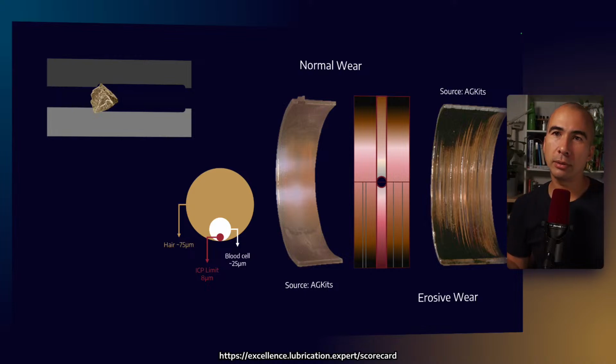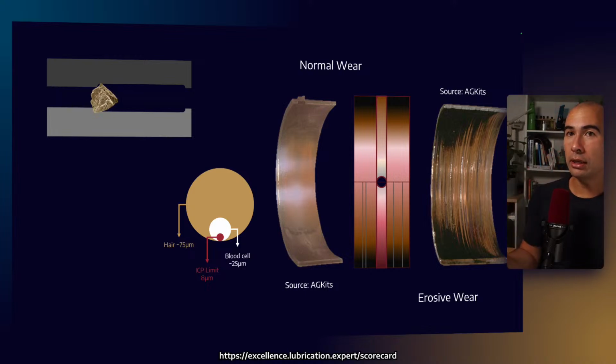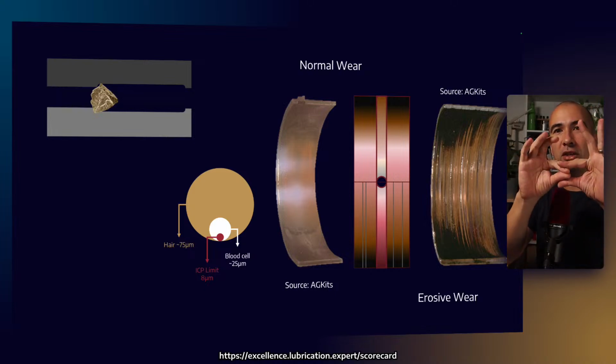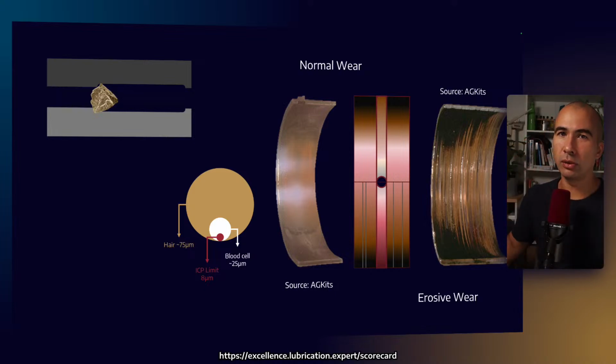Now there's two different types of erosive wear: 2-body and 3-body, either erosive or abrasive wear. That's where you get a contaminant which is either impinging on the surface, in which case it's 2-body, or it gets connected between two surfaces, and that's 3-body wear. This is why particles and contamination are so dangerous: they tend to accelerate the rate of wear.